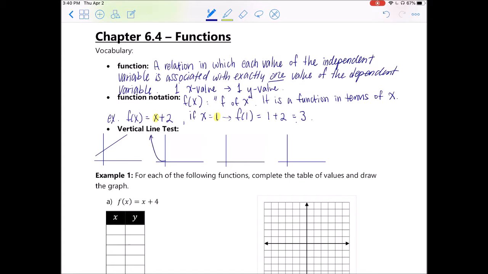The second one's a parabola. The third one is a sideways parabola here. And the last one would be a circle.